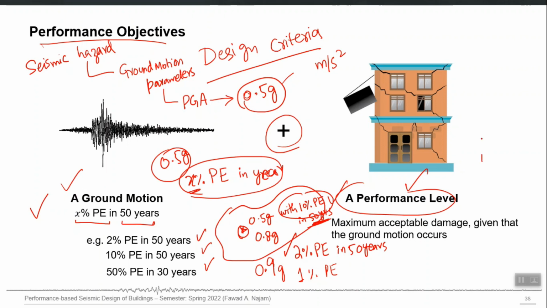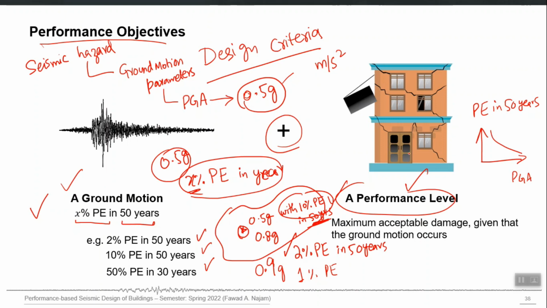If I plot probability of exceedance in 50 years on the y axis and design PGA for the same site on the x axis, I will get a line like this, which is actually reducing.